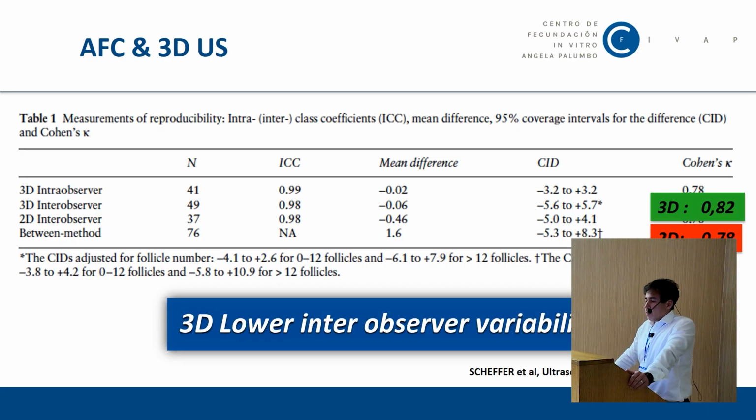And what they found is they demonstrated that 3D antral follicle count has a lower inter-observer variability compared to 2D.